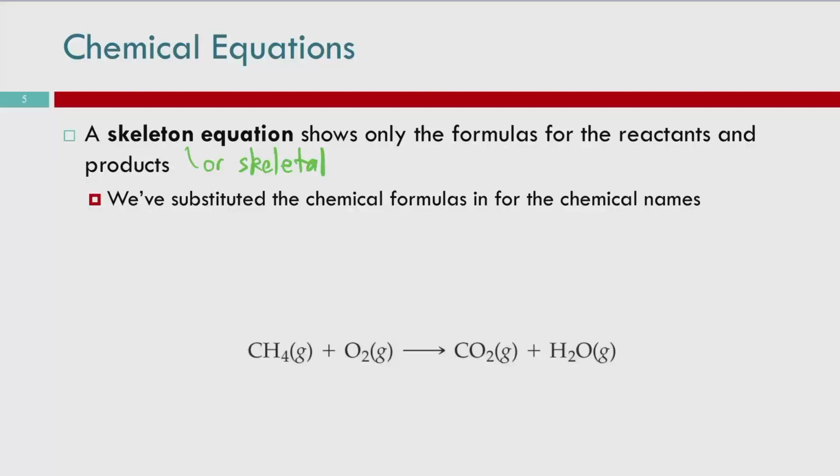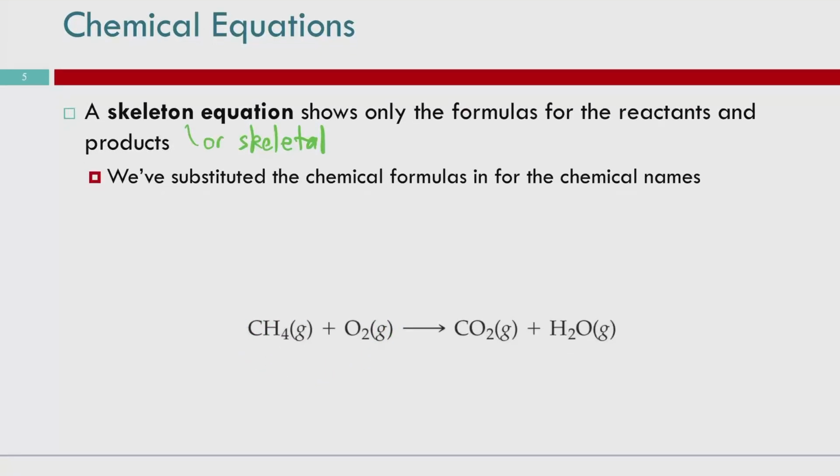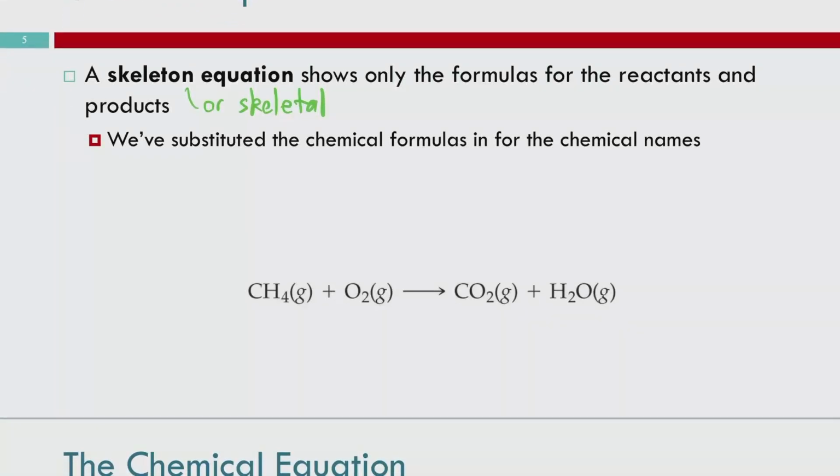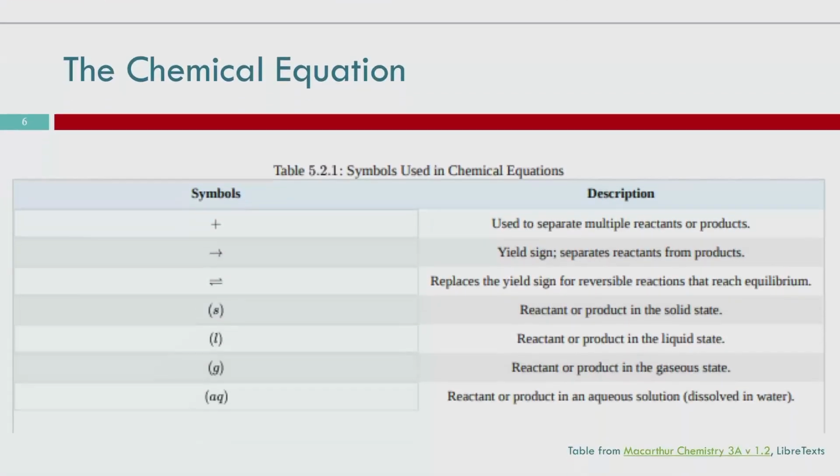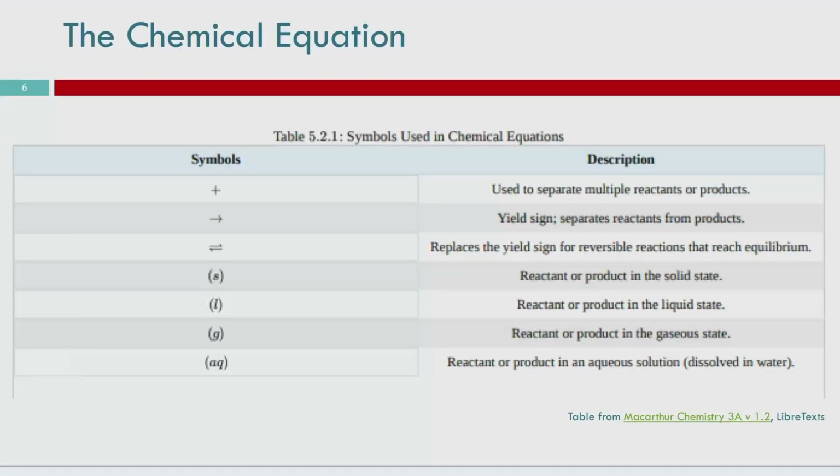It's the very minimum amount that you need to get by. So, for example, this reaction that we saw before, we substitute in the chemical formulas for the names. And then these symbols that come after in the parentheses, in this case, they're all G, which is not for good, it's for gas.